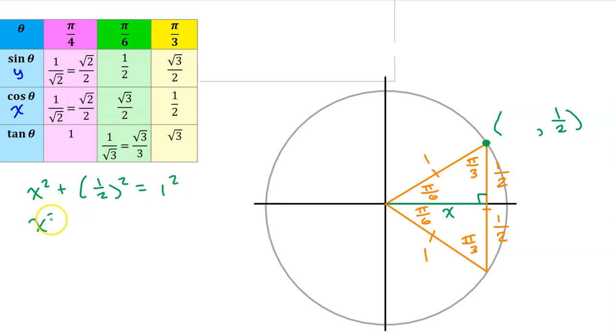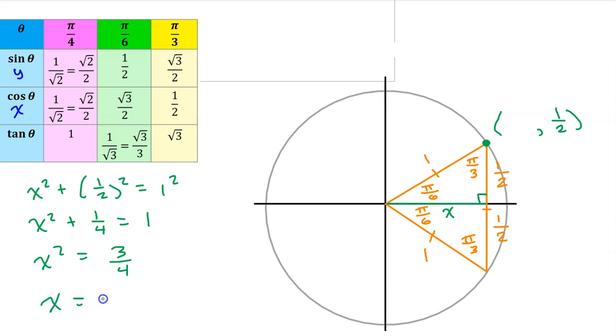So x squared plus, squaring the numerator and the denominator gives us 1/4, equals 1 squared, which is 1. Subtracting 1/4 from both sides, we have x squared is equal to 1 minus 1/4, which is 3/4. And then we take the square root of both sides.